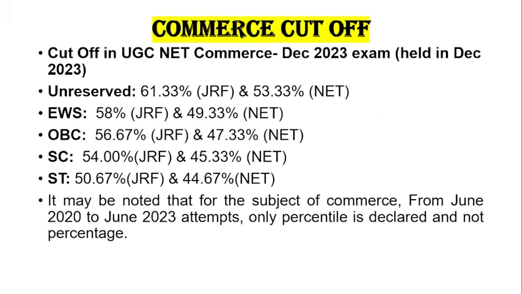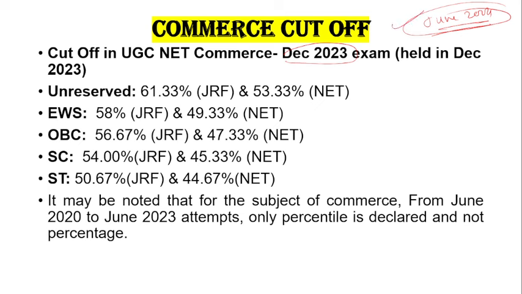Okay, so let's move toward the cutoff rate of commerce. You can see that in the cutoff rate we are analyzing December, we are not analyzing June 2024. Why are we not analyzing it?